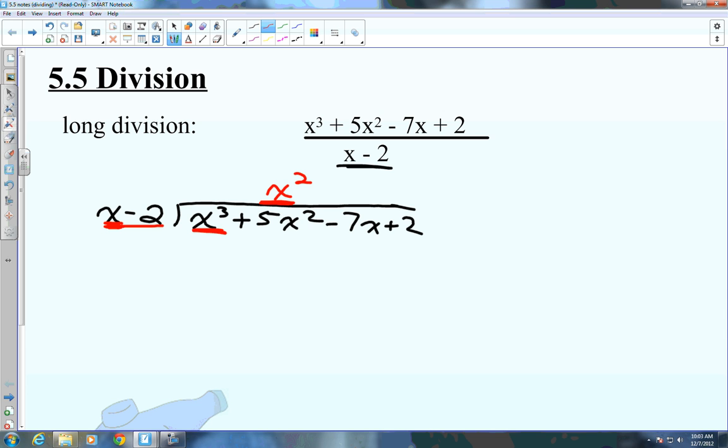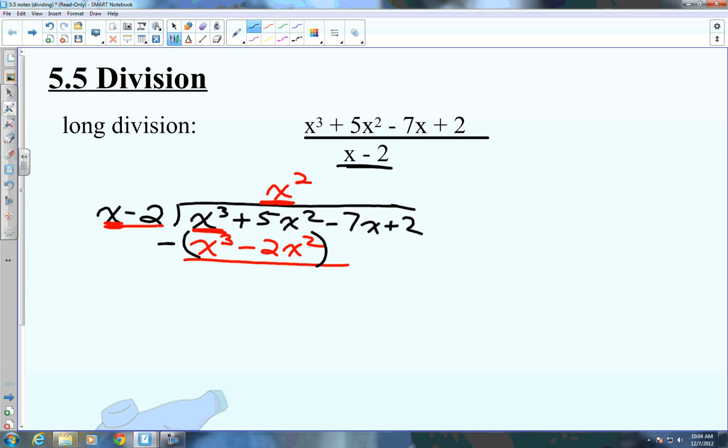Now, you take the x squared times every term in the divisor. So I say x squared times x is x to the third. I say x squared times negative 2 is minus 2x squared. Put a line on it. Now, this is probably the trickiest thing to keep track of.